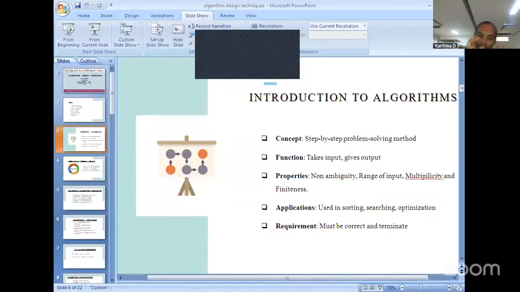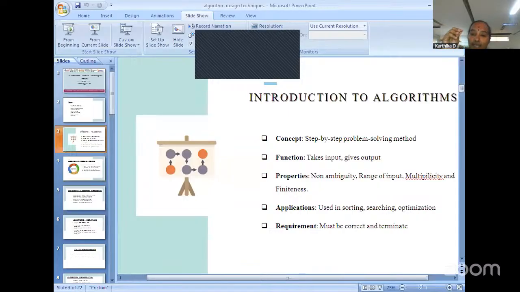So let us take another example. If we are going to find a certain key, let us assume one range of inputs like 1, 2, 3, 4, 5, 6. Here we are going to search whether 1 is present in the given list or not.